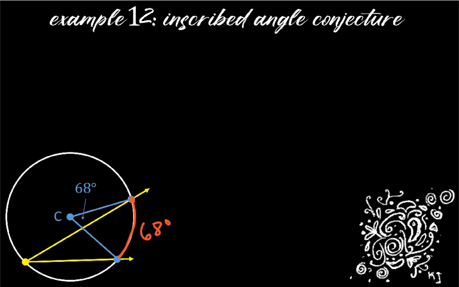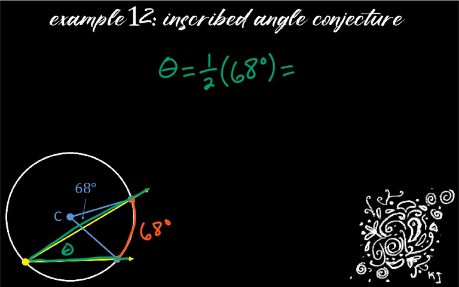And now these endpoints are also the endpoints of our inscribed angle, which is right here, theta. So we have theta is equal to 1/2 times 68 degrees, which will be 34 degrees.